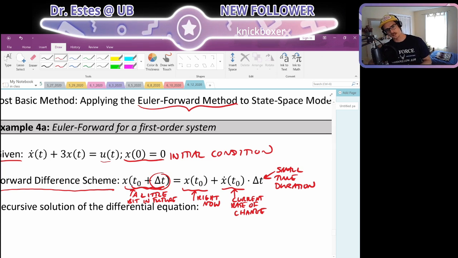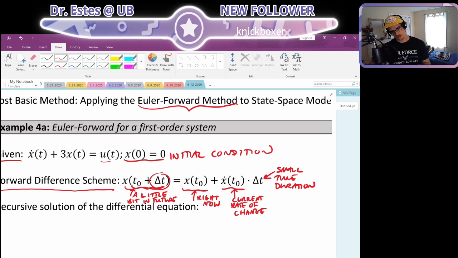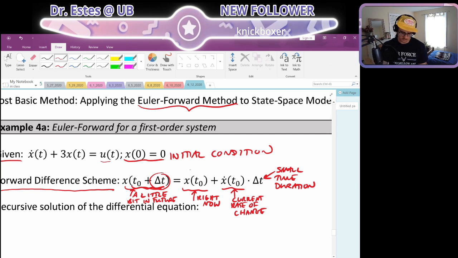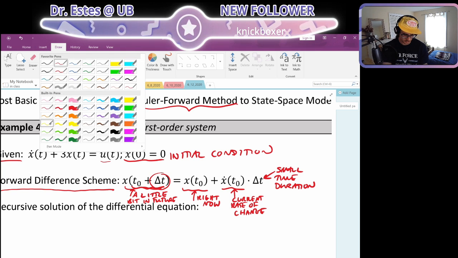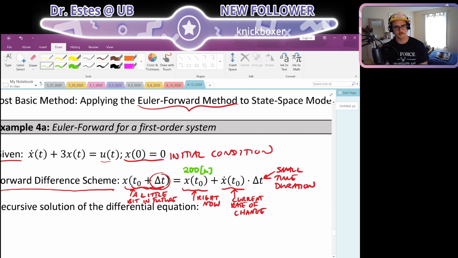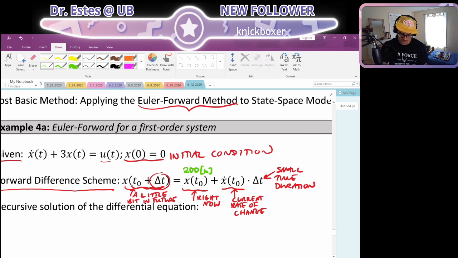So you guys have seen something like this before. It'll come up in an example like this. Let's say I'm driving on a racetrack and I'm 200 meters into the race, traveling at 60 meters per second.